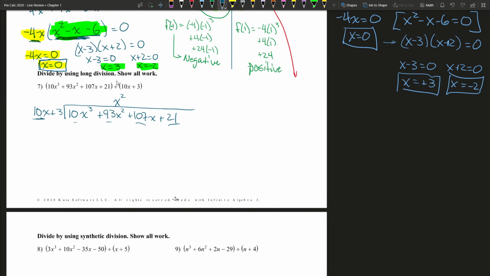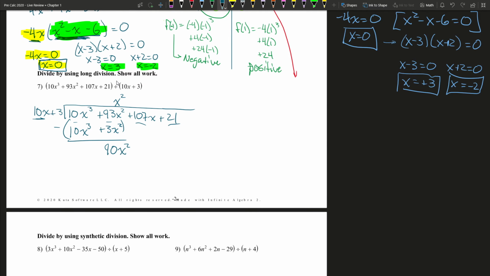So we multiply x squared by each of these two, so we get 10x cubed plus 3x squared. And then we subtract. So our first term, those subtract, get 0. 93x squared minus 3x squared, that's just 90x squared.